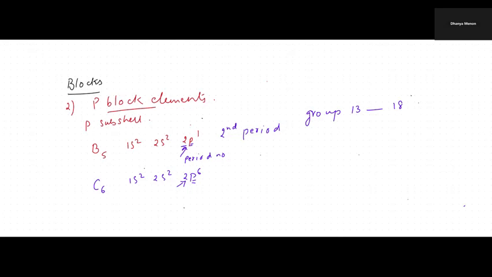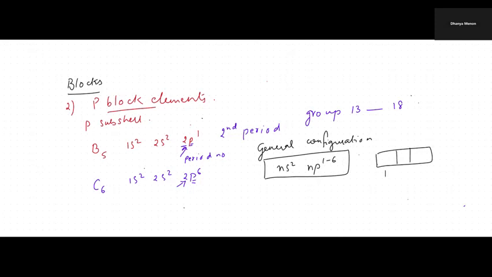Now the general configuration for p-block elements is ns2 np1 to 6, because for the p subshell, px, py, pz, what is the capacity? Capacity is 6 for the p subshell. So group 13 to 18, all these groups, we have the p-block elements.